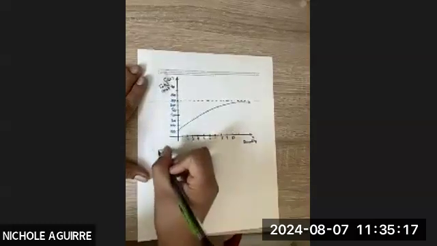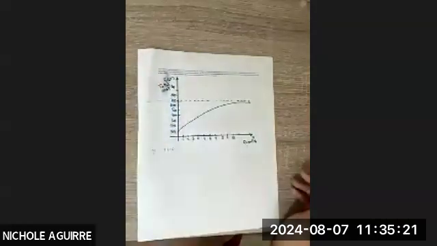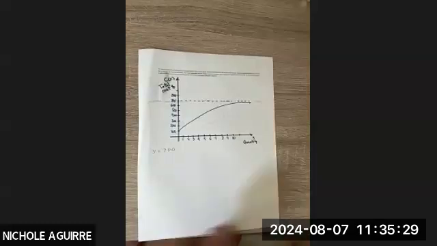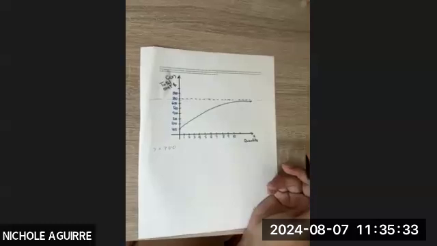It's approaching 700 but never actually touches 700, and that's why it's the horizontal asymptote. It basically flattens out there, and it'll just infinitely get closer.